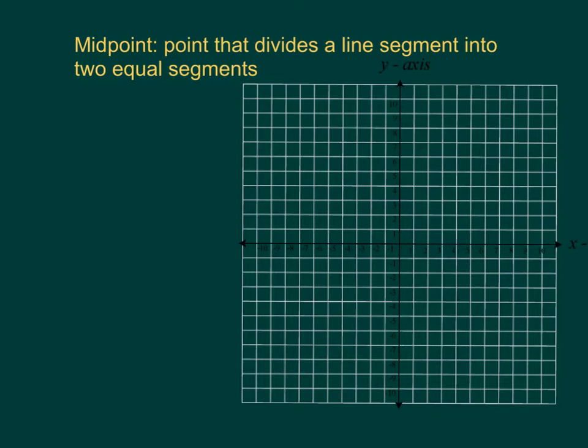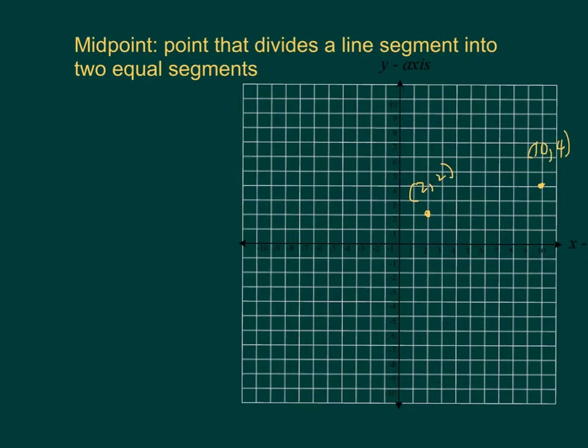So let's just say that I have these two points. Let's say we put one of them at (2, 2), and the other one at (10, 4).